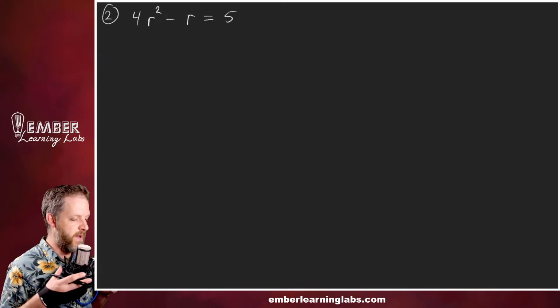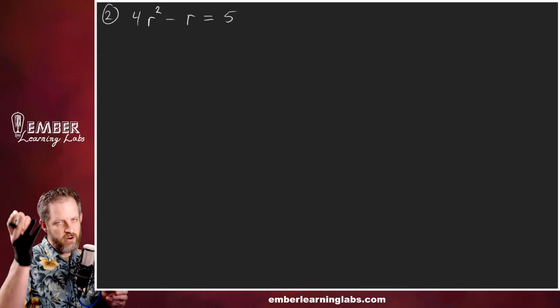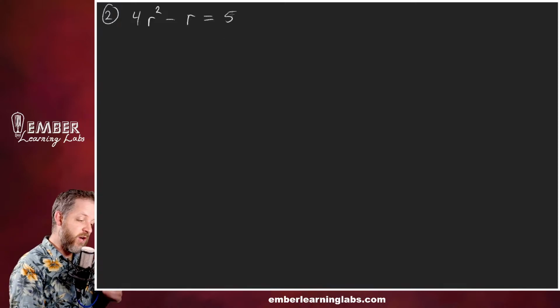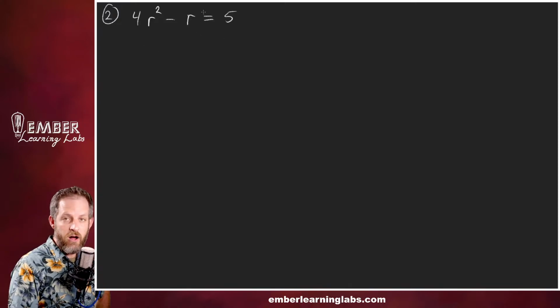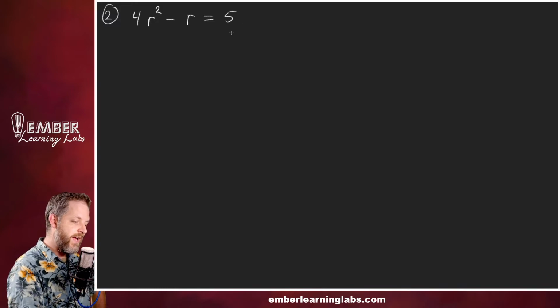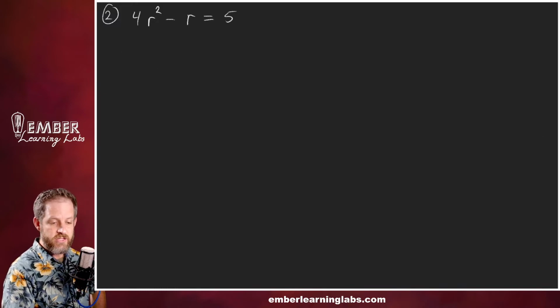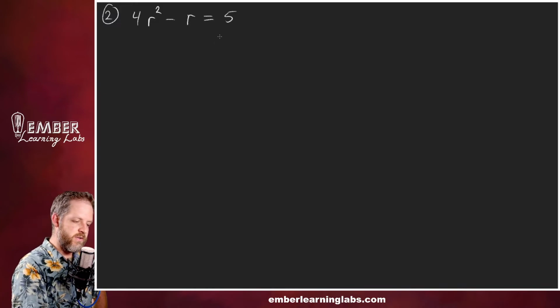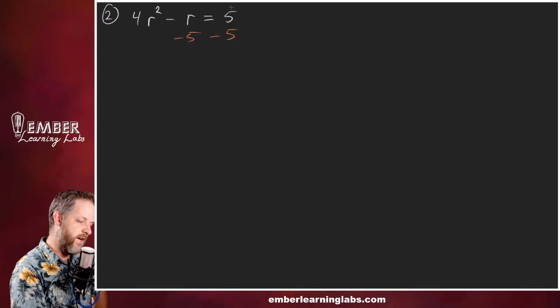It's probably already on your page, and so your notes are your notes, right? So like I said, in order to solve this by factoring, the first step is to get everything on one side. So the first thing we're going to do is subtract 5 on both sides to move that 5 over.